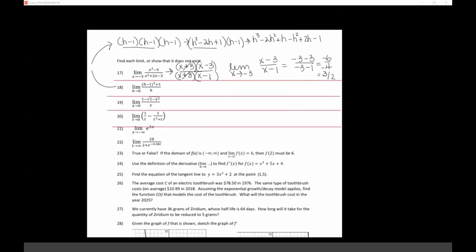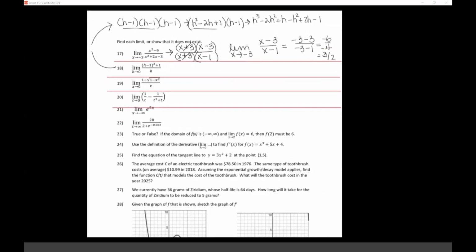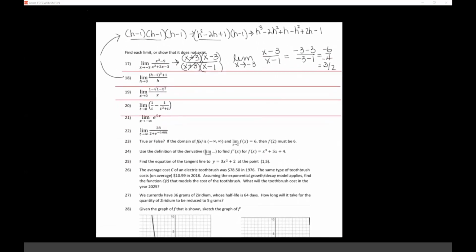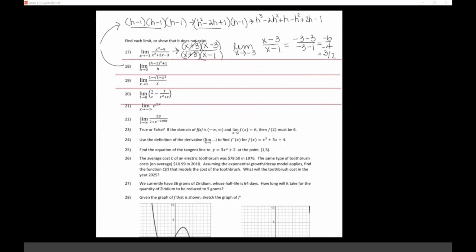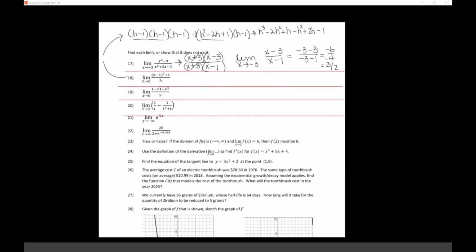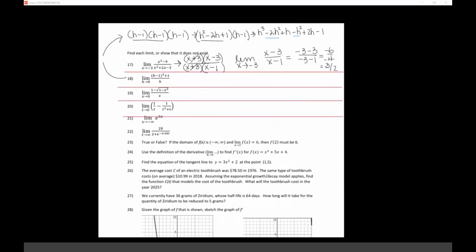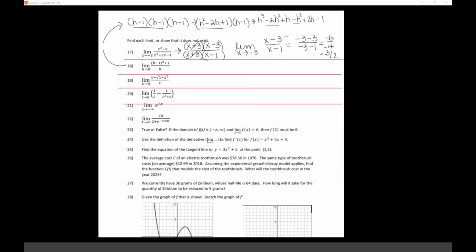And then it's just a matter of combining your like terms. I have squared terms that I can combine here and here, and then I have h terms I can combine.